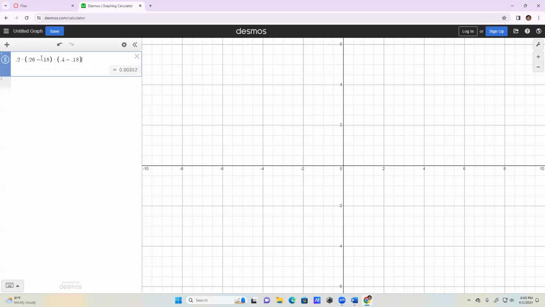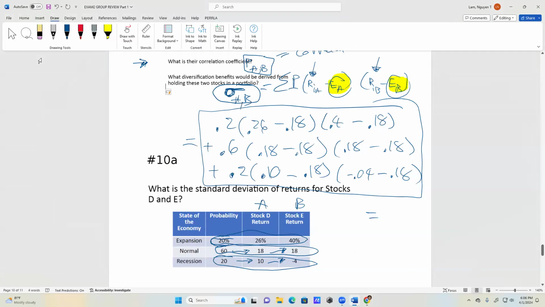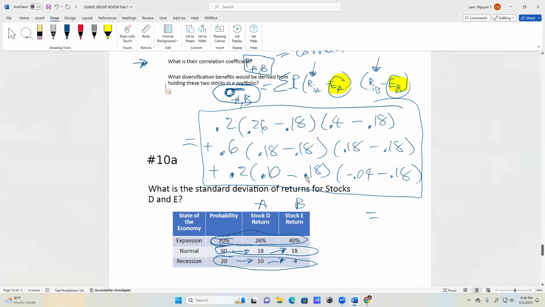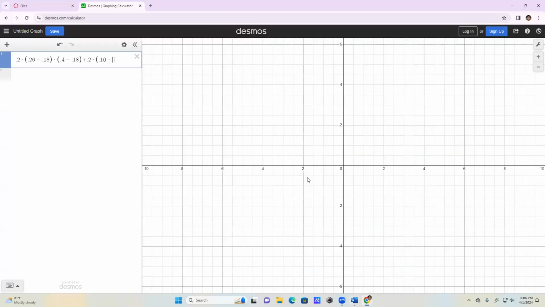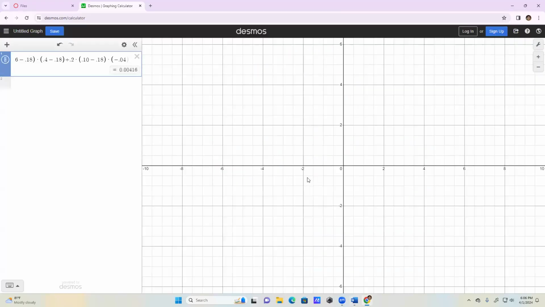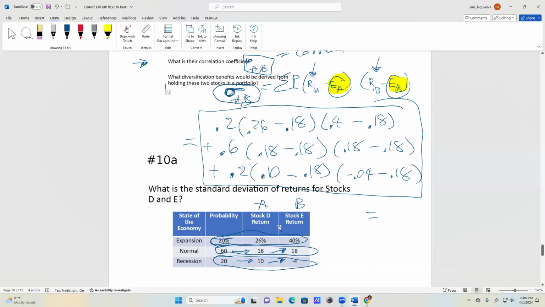Minus 15 plus 6. Well, this one should be 0 on the second one, so just do the last one. 4, 5, 5, 10 minus 15. 5, 8, 4 minus 18. All right, that is the answer.